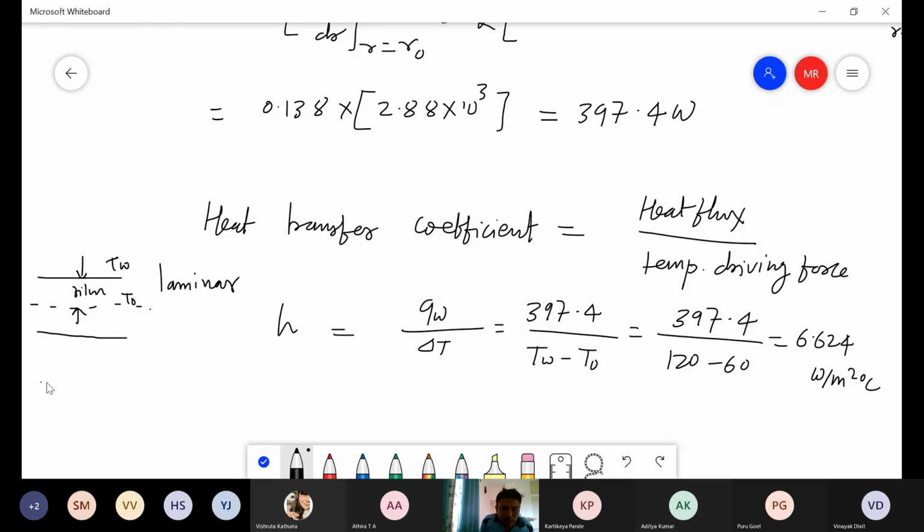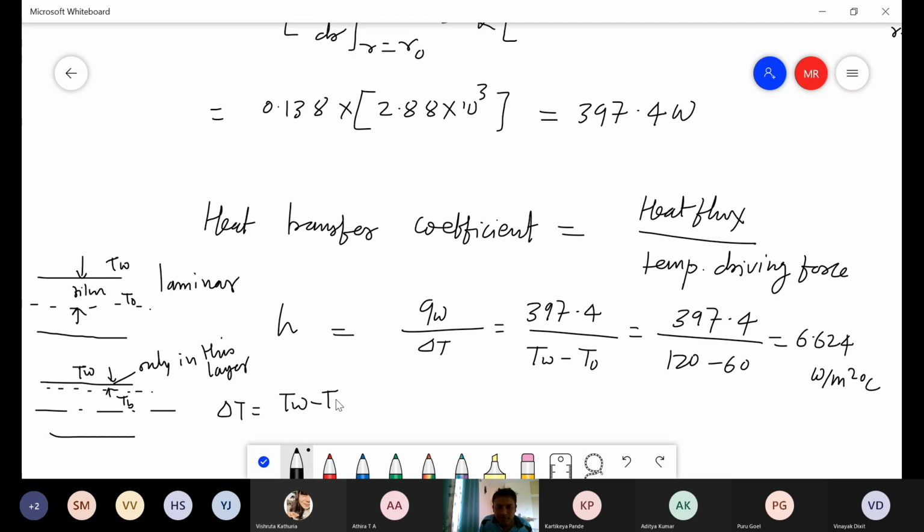But in case of turbulent flow, a very thin film of laminar flow is present here. So the resistance is present only in this layer. In this case, delta T is nothing but TW minus TB, and this entire thing is represented by a cup mixing temperature or a bulk temperature, TB.